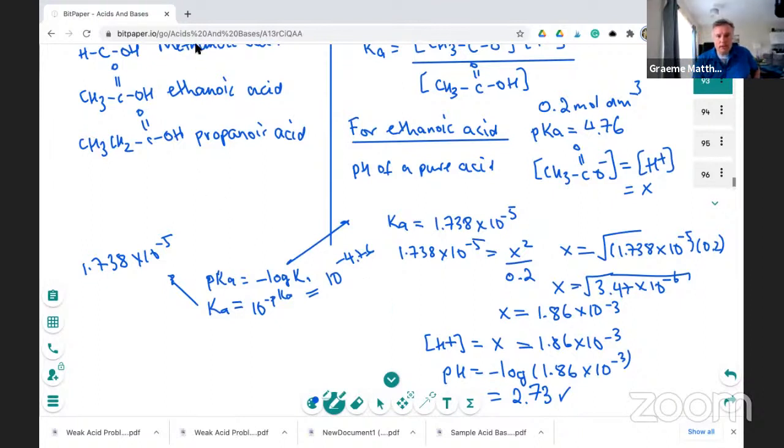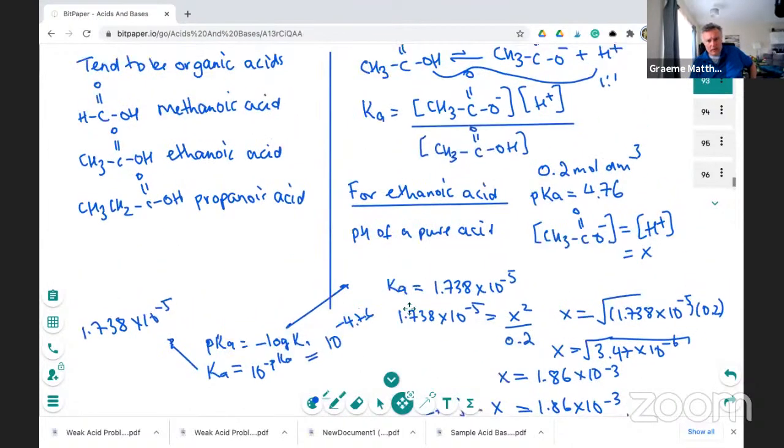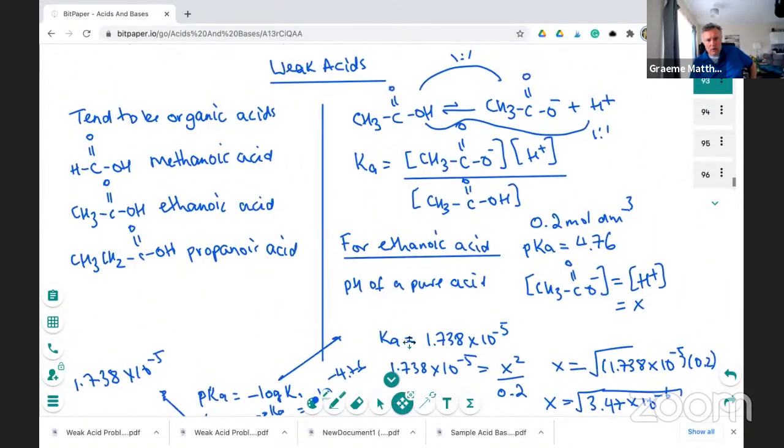Let me move my video link out of the way, down here, so you can see what's going on. All right, chemists, the takeaway on that one is, we covered a lot today on the weak acids, on this slide here. The acids they tend to use all the time are methanoic, ethanoic, and propanoic acid.